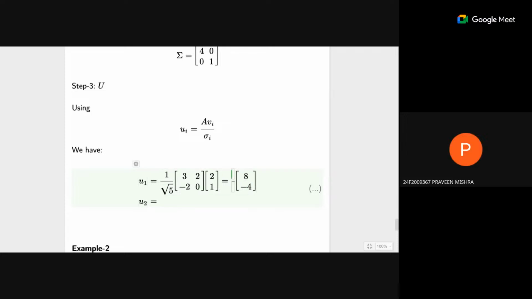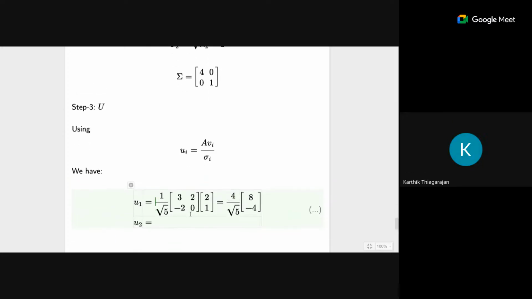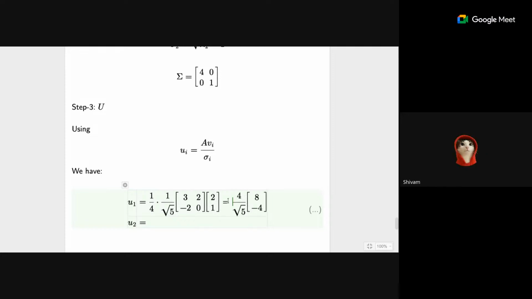So it's 1 by root 5 times 8, minus 4. Should I take the 4 outside? Sigma is 4, because we did not divide by sigma_i in this case. Correct, so 1 by 4, we can divide this 4 into 8 and minus 4, we reduce it.